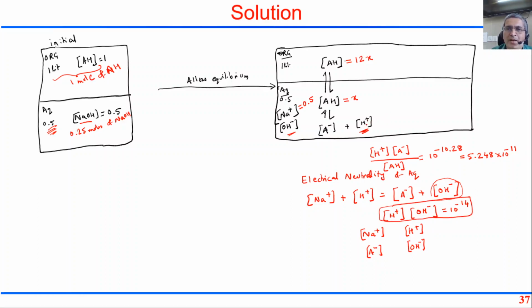But at least what we can say is a lot of the H plus ions would get neutralized by the OH minus ions, or vice versa. Can we not say that Na plus ions would be very, very large as compared to H plus ions? And can we not say that A minus ions would be very large as compared to OH minus ions? Just think about this.